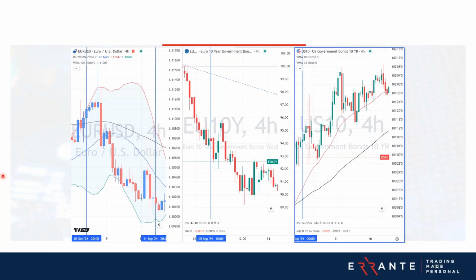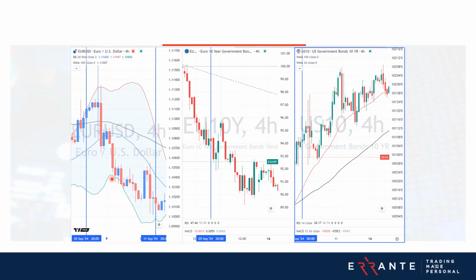So the downtrend in Euro USD and the widening yield differential suggest entering a short position on Euro USD could be a solid strategy here. And you could consider entering on a retracement near the middle Bollinger Band, for example, somewhere here, or at resistance between 1.105 and 1.11, with a target near the recent low of 1.10 or lower maybe.